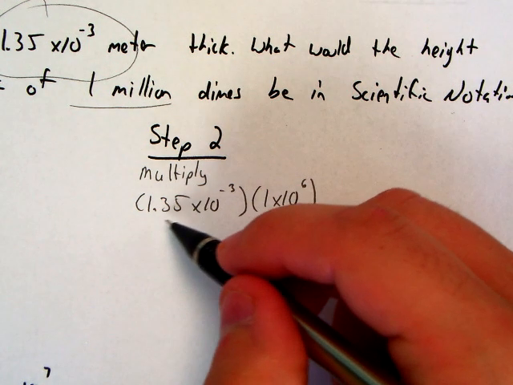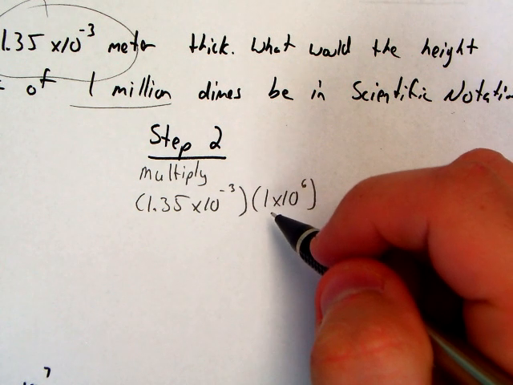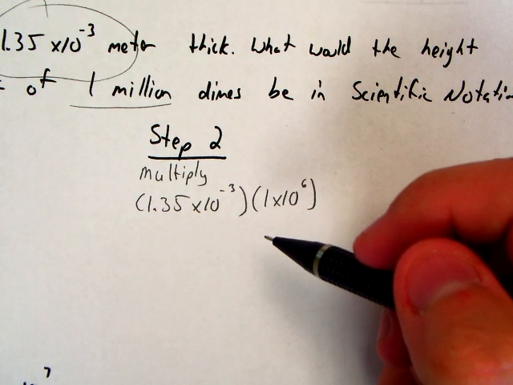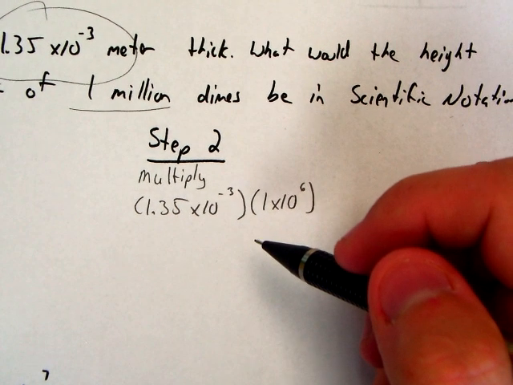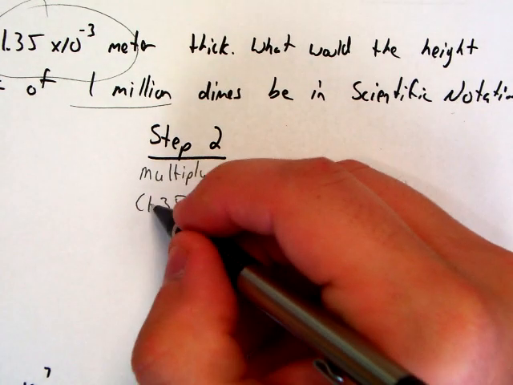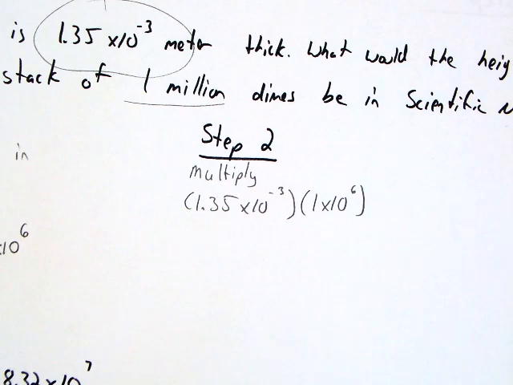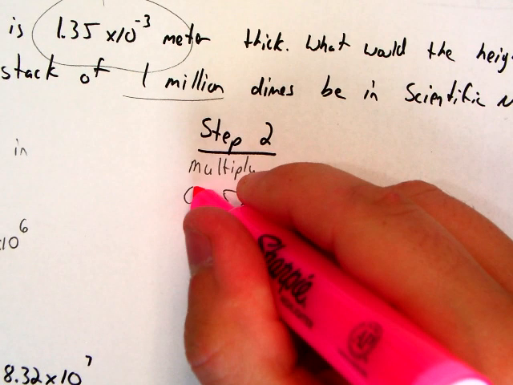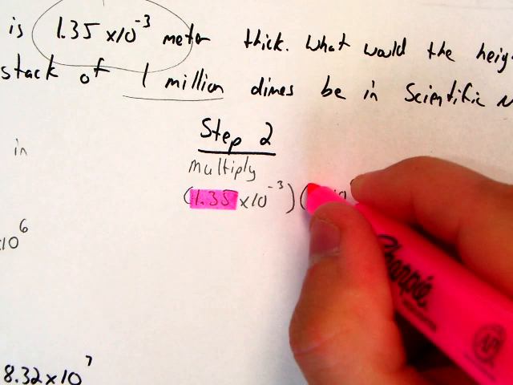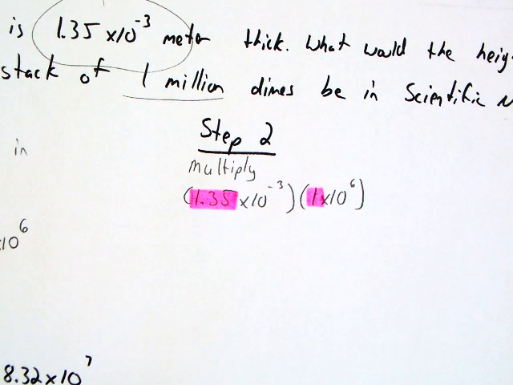Because everything's being multiplied together, multiplication is commutative. So I'm going to move the factors, which happen to be this 1.35 and the 1. Those are factors, if you recall that from last lesson as well. I'm going to move those next to each other.